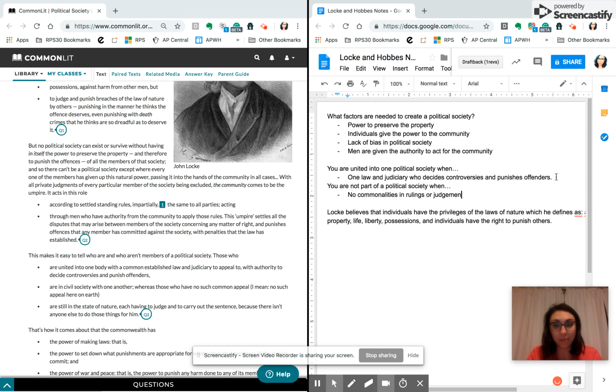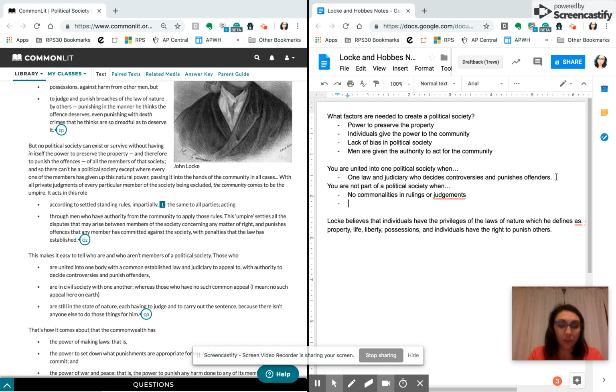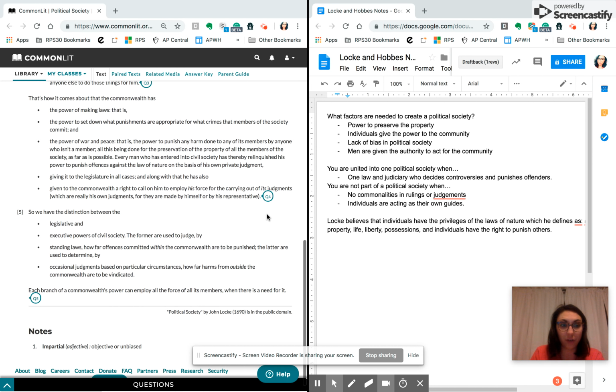It would be easy to make the assumption that he's talking about commonalities in how you look or how you act, but I don't think that's what he means. And then are still in a state of nature, meaning individuals are acting as their own rights, right? There's no community guideline that people are operating under. They're still operating under the law of nature.